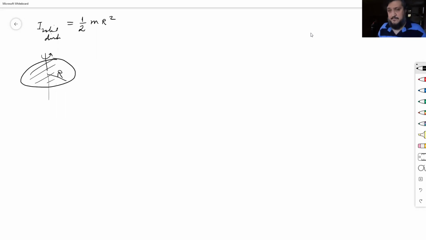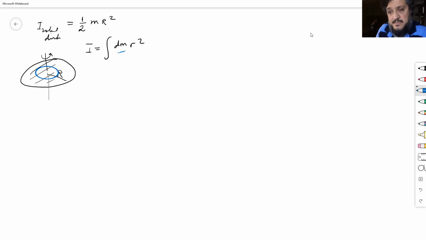All right, so how do we find this? Using the formula we have, I equals the integral of r squared dm. Now the little r here corresponds to the distance between the axis and some infinitesimal mass dm. Why don't we take that dm to be a ring around that axis?